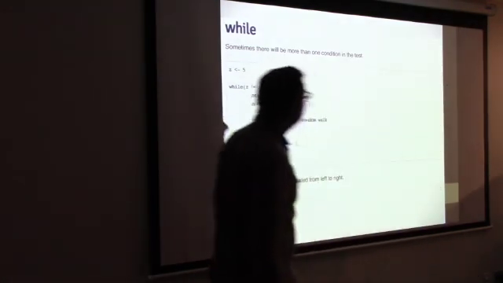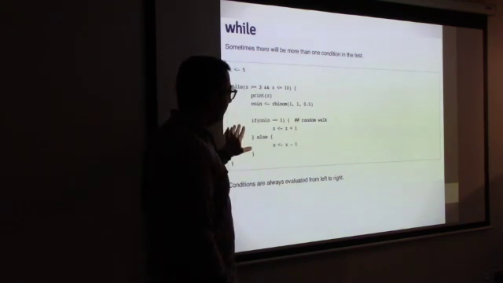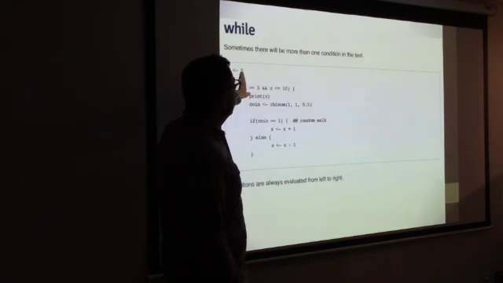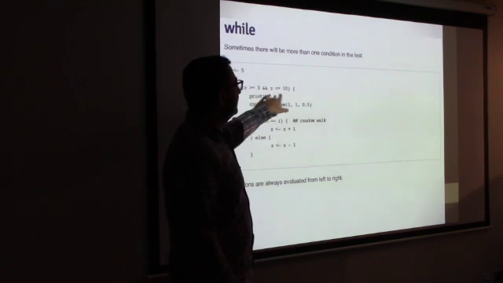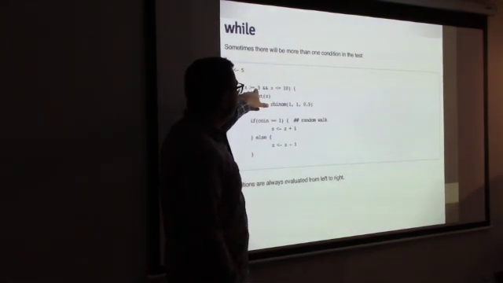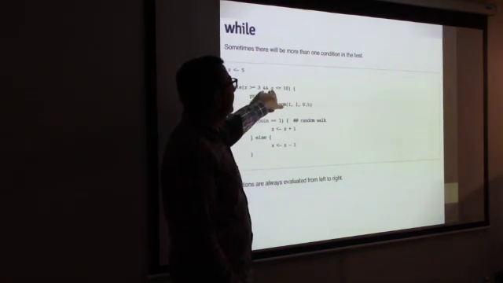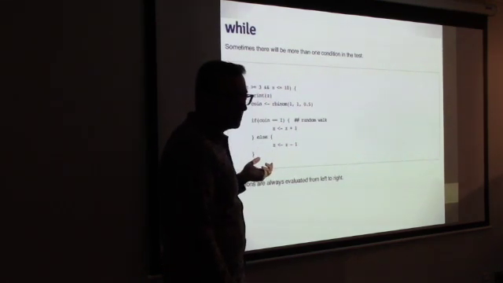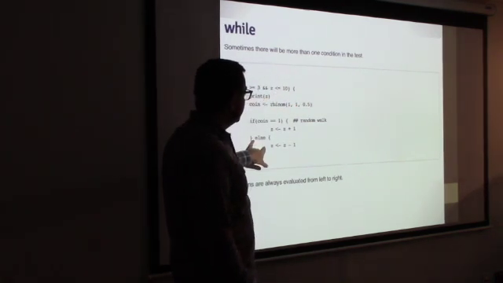All right, so that's a simple one, here's another example of a while loop. Notice that z is your variable that is going to be tested, and you can test multiple conditions for z. Here you're saying as long as z is greater than or equal to 3, and, notice the and sign is 2 ampersand symbols, and z is less than or equal to 10, then you continue to do this.